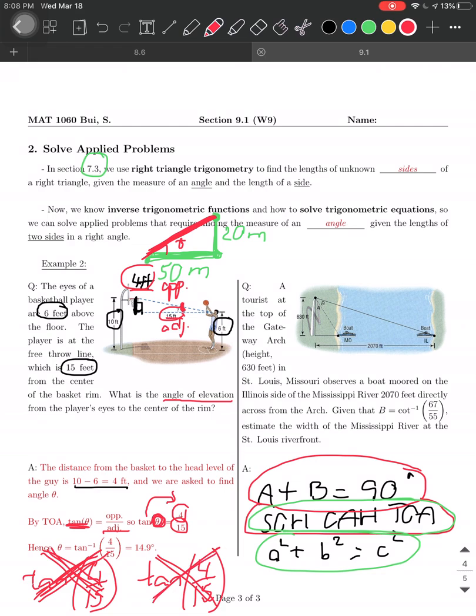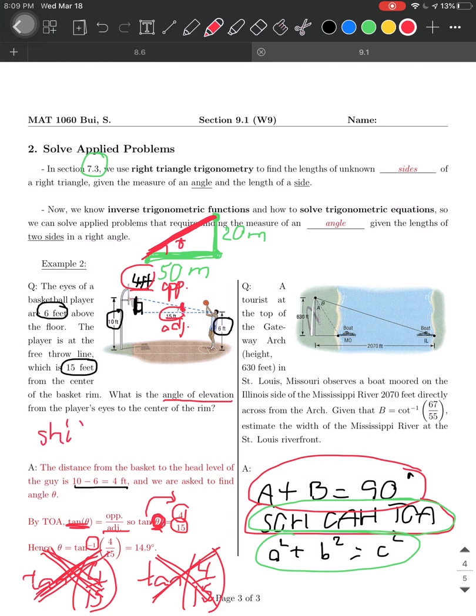If you see something in between the trig function and the fraction, it means you have to use the inverse function. So on a calculator, to find the angle theta, you would have to do tan inverse. If you don't know how to get to that button, usually there's a second or shift symbol. So make sure you do shift or second.